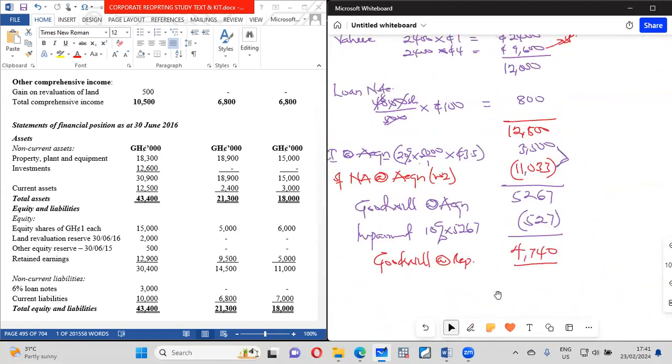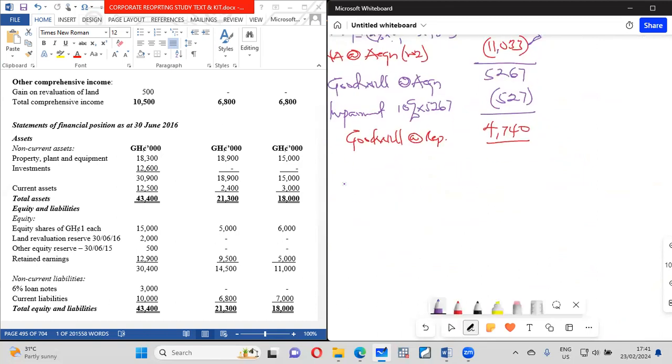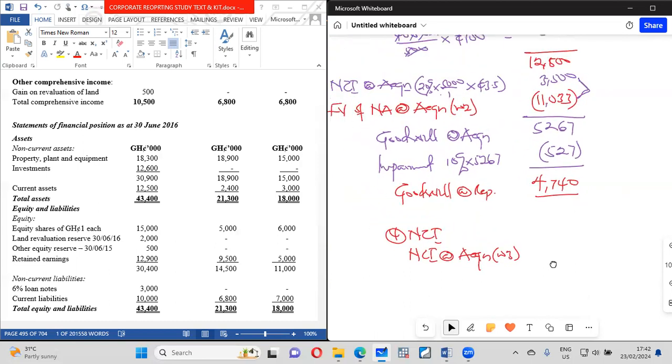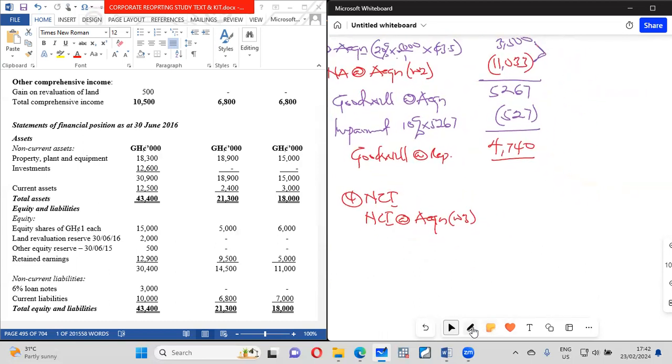All right, so we come to our NCI, workings 4, NCI. How do we do our NCI? Of course, for our NCI, we need the NCI at acquisition. And we found out in our workings 3 that our NCI at acquisition is 3,500.